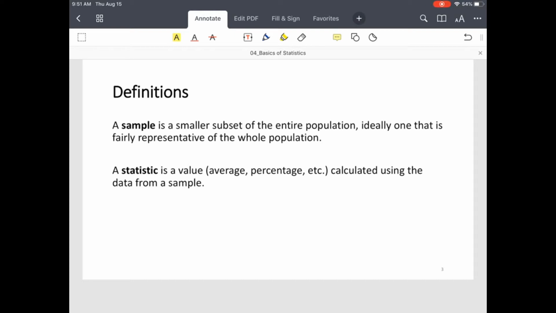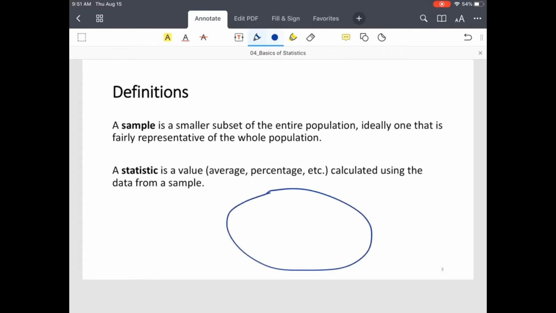That's where everybody has the same opportunity to be selected for the sample, regardless of the subgroup or subgroups that they belong to. So you've got this big population, and let me draw it so you can visualize it.